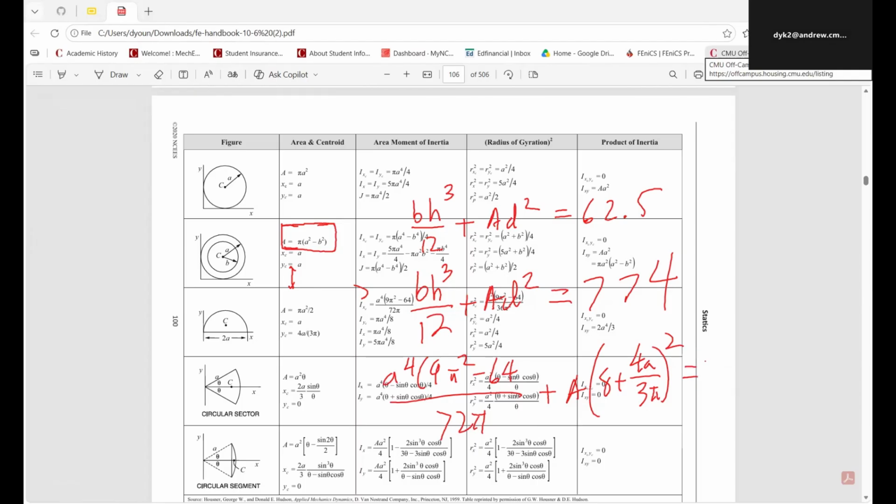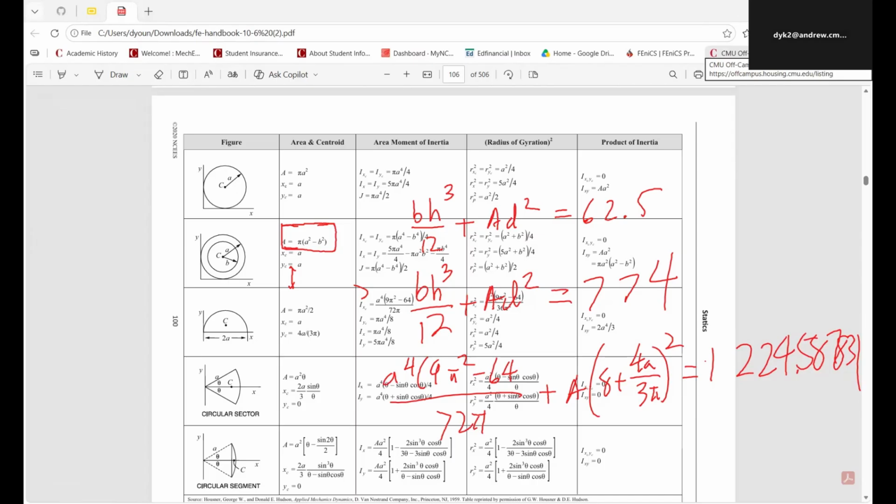If you plug in the calculator, you get 8 plus area, which is pi multiplied by 3 squared divided by 2, multiplied by parentheses 8 plus 4 multiplied by 3 divided by 3 pi, and then we do parentheses squared. And you get 1224.587831. Okay, and that's how you do it.